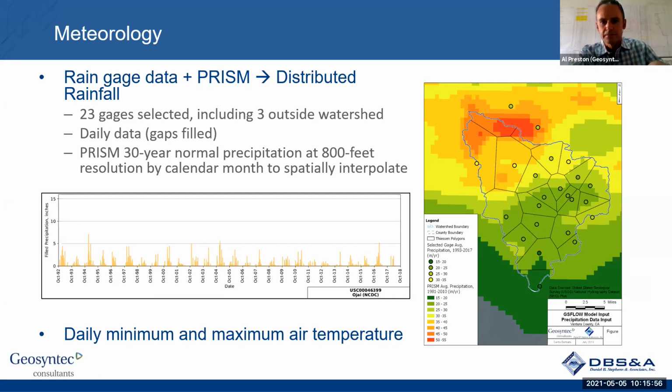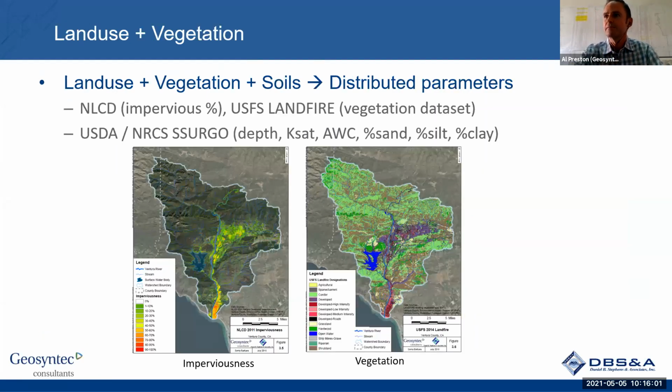So we've got a two-dimensional surface. We've got rainfall hitting it, and then we need to define land use as well as vegetation and soils on the surface, because that affects whether the water runs off immediately, whether it infiltrates through to the groundwater, and how much of that gets returned to the atmosphere through evapotranspiration. So these are some of the data sets that we use.